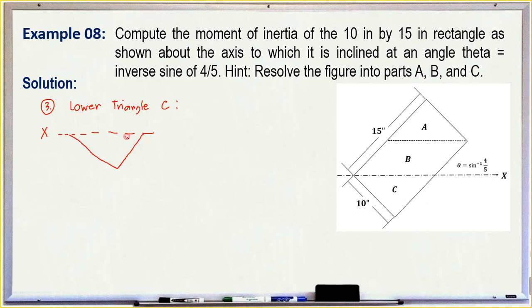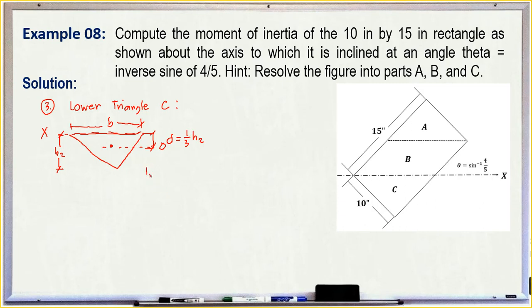Then this is the lower triangle C. So this is the location of its centroid, and of course the distance, and then this is its base, and then its height 2. Okay, so by the parallel axis theorem, the distance is 1/3 of its height, so 1/3 h2.